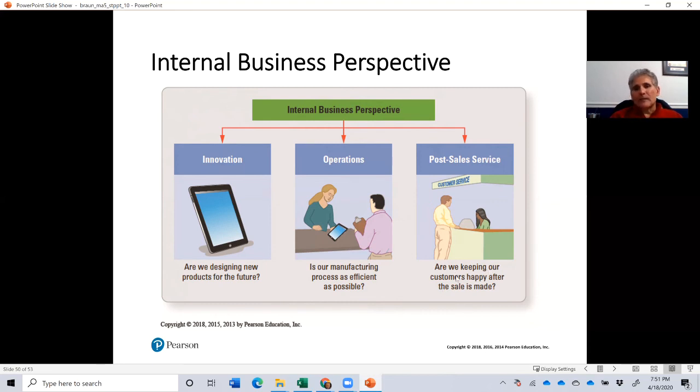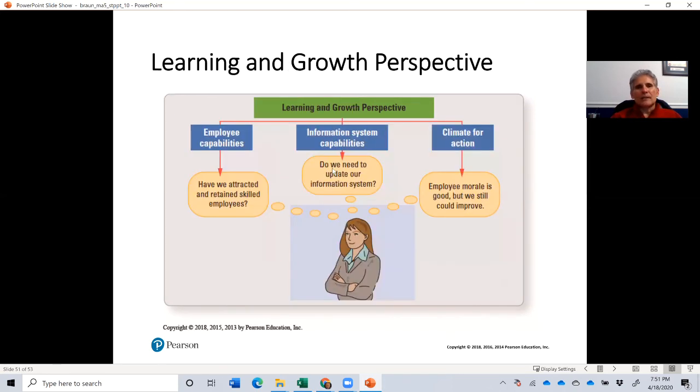Or are we keeping our customers happy after the sale is made? So these are 3 areas that we might include in an internal business perspective. This isn't an all-inclusive list. You can add to this, but this is an example of 3 internal business perspectives that we might want to look at and might decide to use as a basis for developing KPIs or key performance indicators.